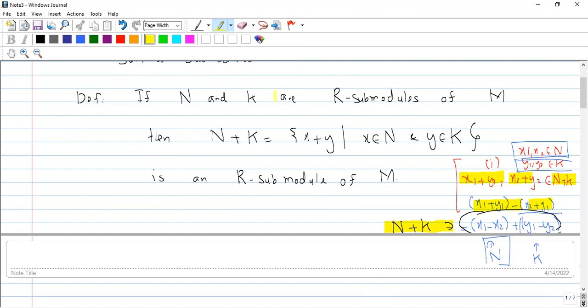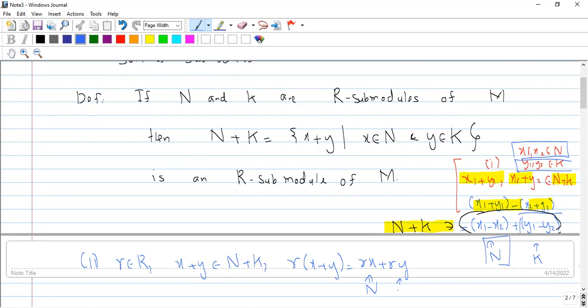In the same way, if you multiply an element of the ring with an element of n plus k, it is equal to Rx plus Ry.